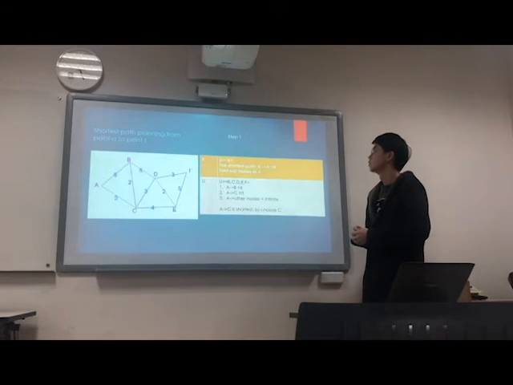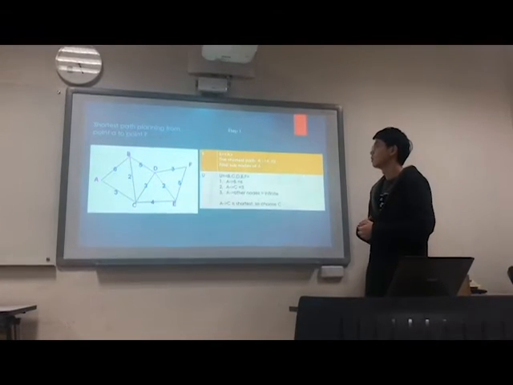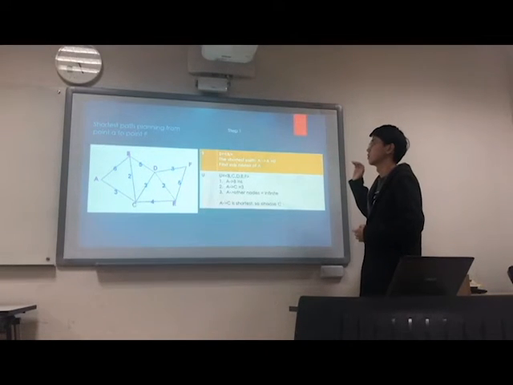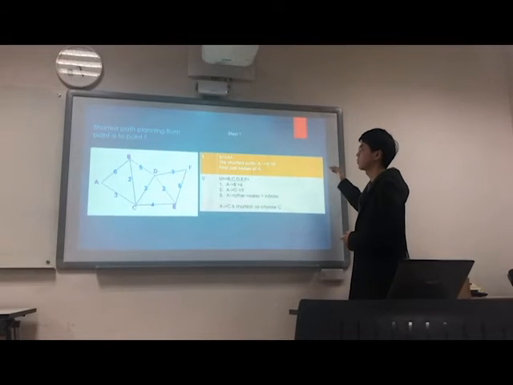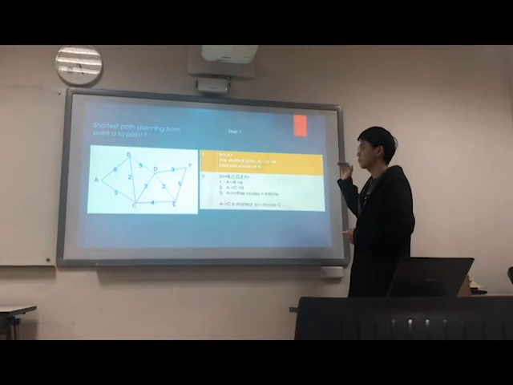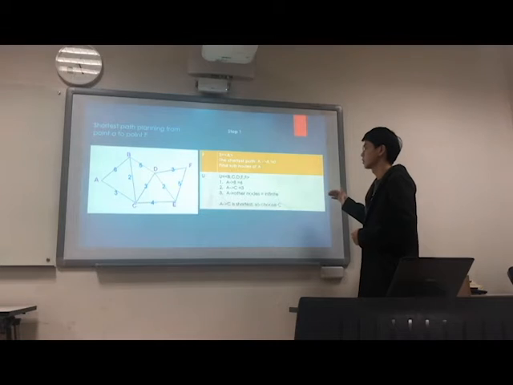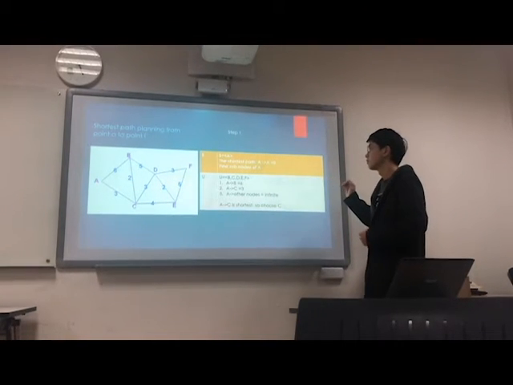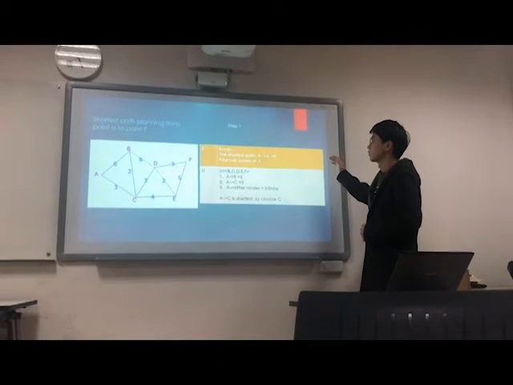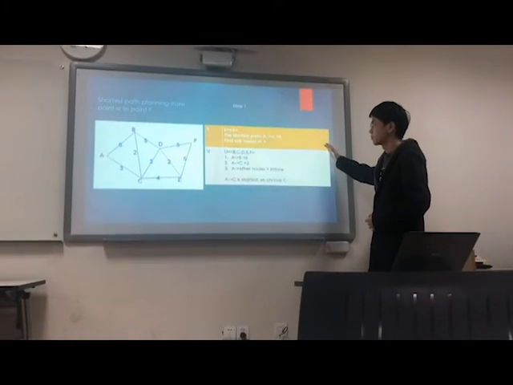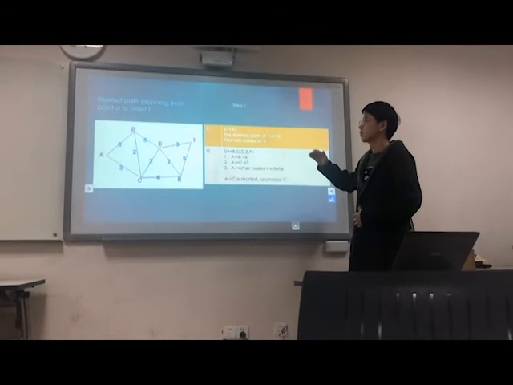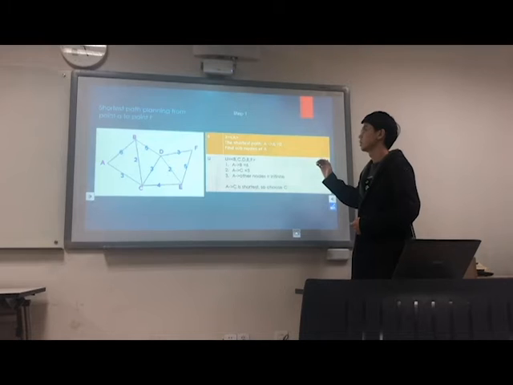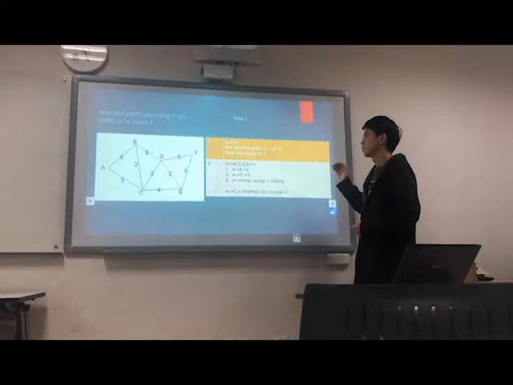This is the whole example. Firstly, in step 1, in S, the checked table is only the starting point A, and the unchecked table U is full of B, C, D, E, F. And we should find the subnodes of A. A is connected to B and C. A to B is 6 and A to C is 3.